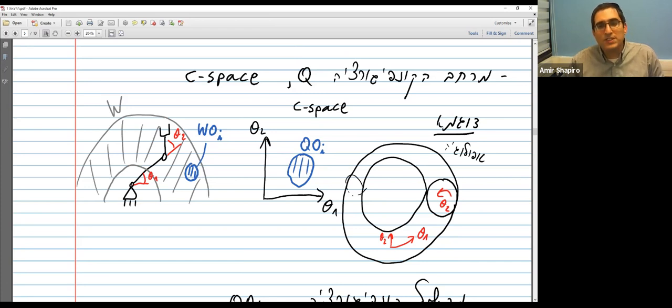So it's kind of a cyclic coordinate. I can look at this as one cyclic coordinate theta1, and a second cyclic coordinate on top of it, theta2. And it looks like a torus, like a bagel, as you can see here.